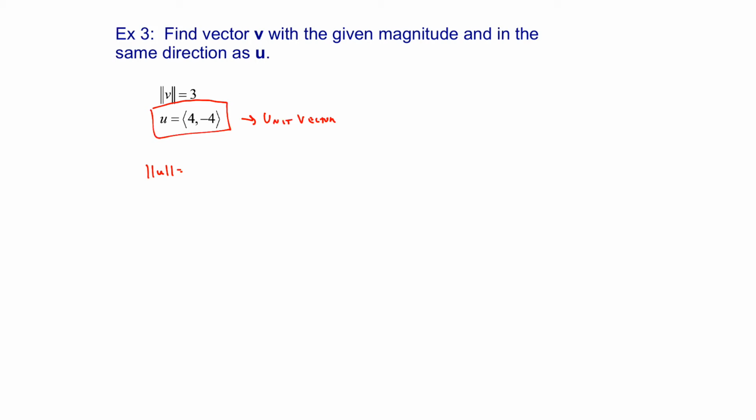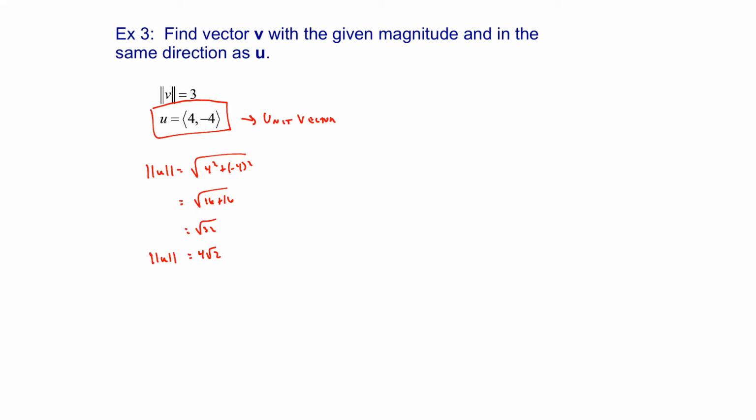So the magnitude of vector u would be 4 squared plus negative 4 squared. So 16 plus 16 is 32. And then the square root of 32 is equal to 4 square roots of 2. So this isn't the unit vector, this is just vector u. So vector u's magnitude is 4 square roots of 2.